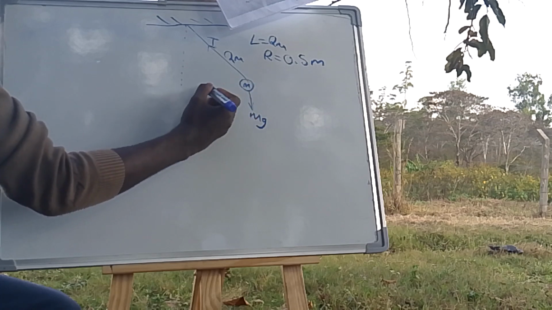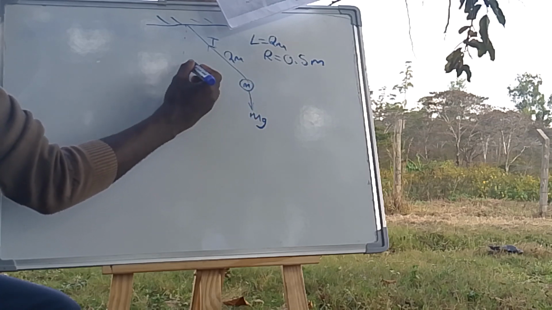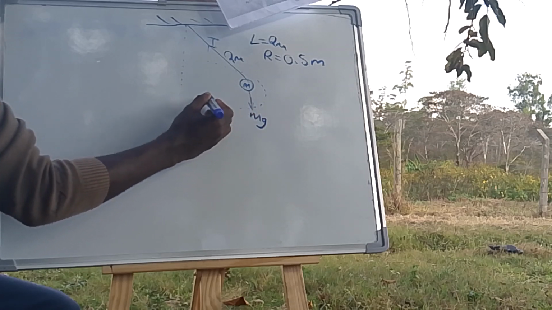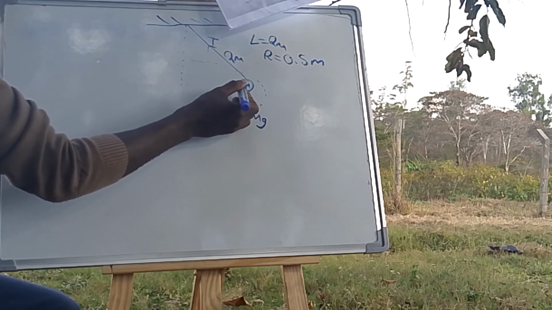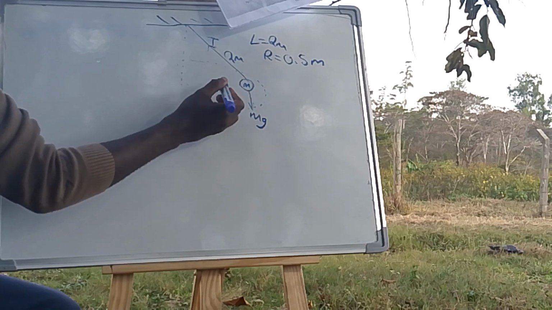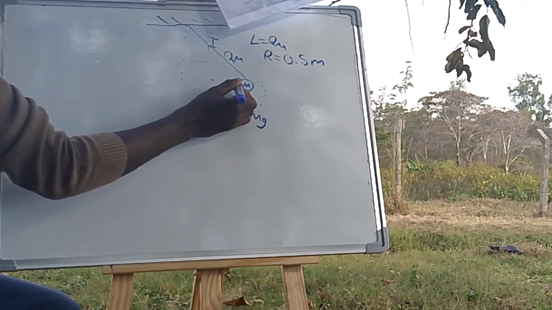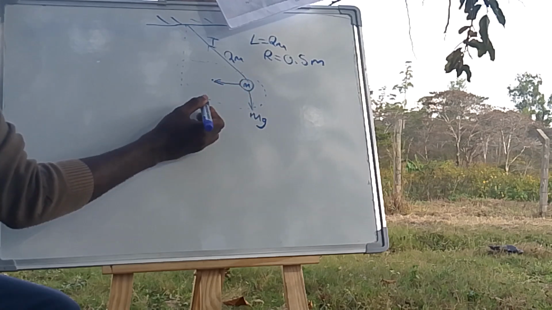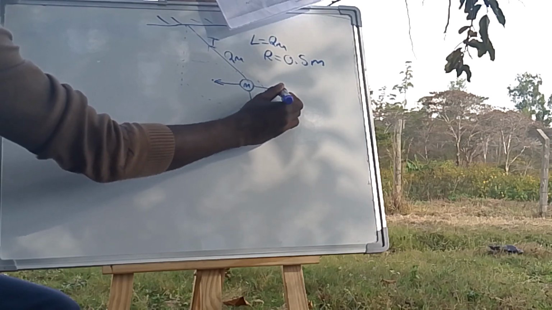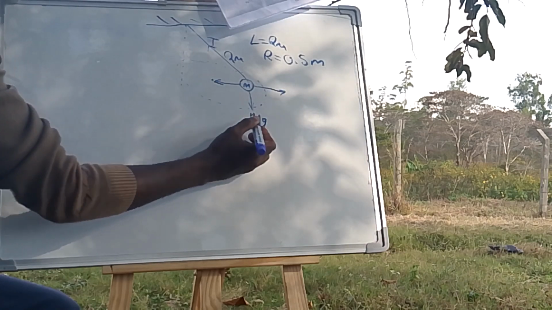The other force: since this is a conical pendulum, it's making a horizontal circle. This is the center of the horizontal circle. There is a force that is pulling this bob towards the center.